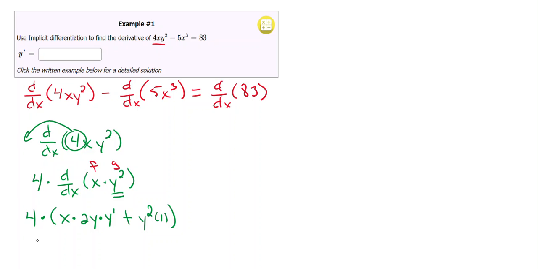Now let's simplify a little. I'm going to expand that 4 into both terms. So 4 times 2 is 8xy times y prime, plus 4y squared. The 1 didn't really matter there.